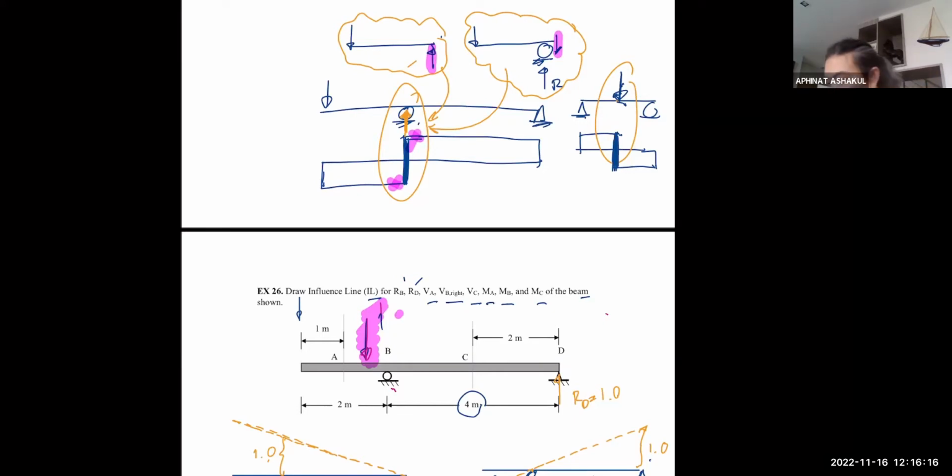So now when we talk about the VB on the right side of this, we are talking about this free body diagram. We are talking about this free body diagram. Right?